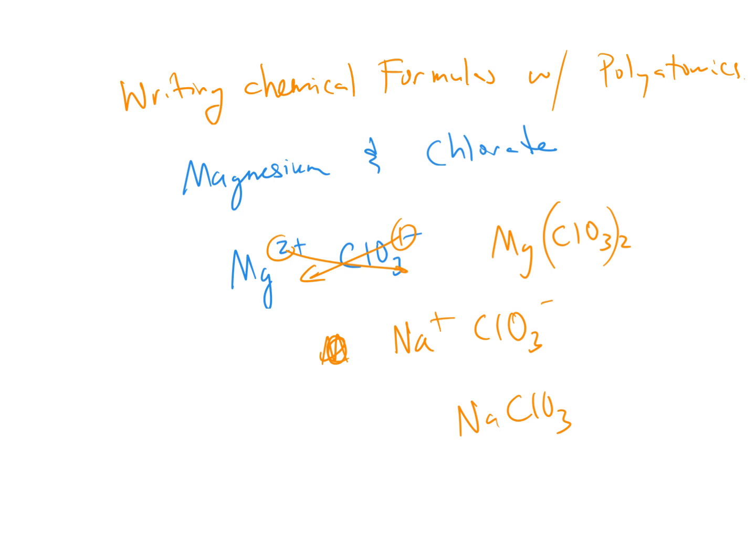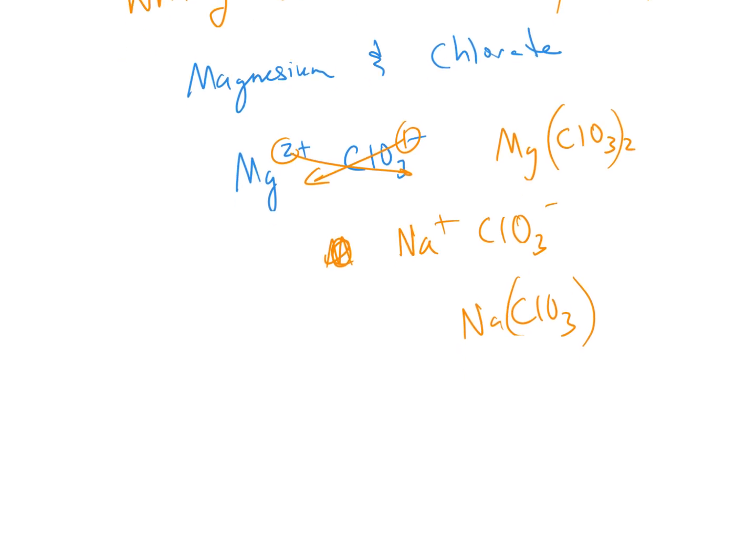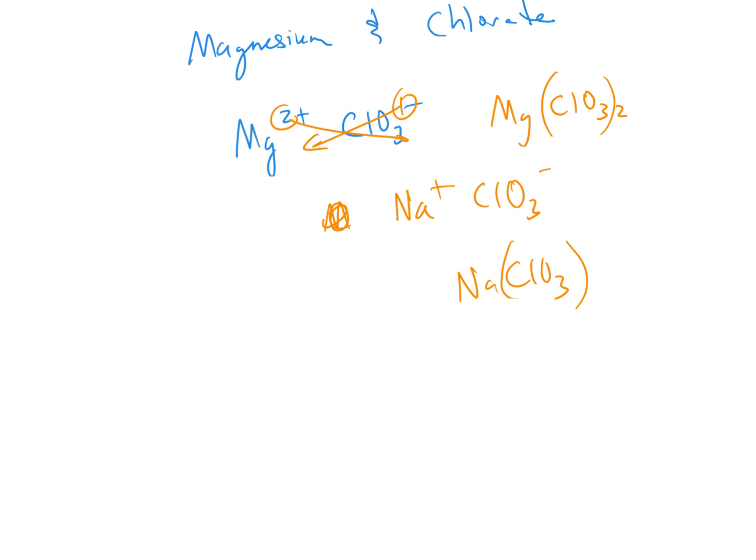Can we also write it with parentheses? No problem. If you want to just always include parentheses for polyatomic ions, you can, so you don't forget. Are we good with writing chemical formulas with polyatomic ions in it? Okay.